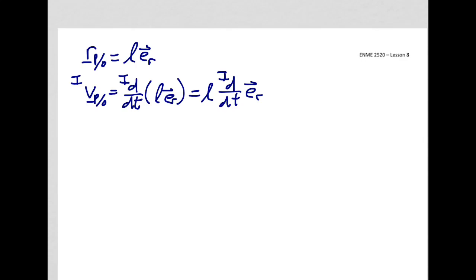And because the unit vector E sub r is fixed within the polar frame, not within the inertial reference frame, we need to write this out, where we get L multiplied times the angular velocity of the reference frame B, our polar frame, as observed in the inertial reference frame, crossed with E sub r.